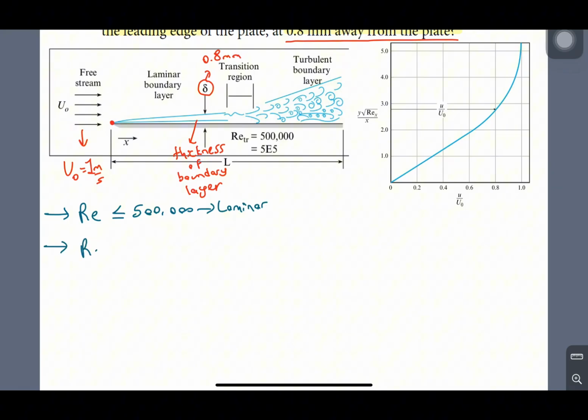The Reynolds number is velocity times diameter divided by kinematic viscosity. Here the velocity is 1 meter per second.